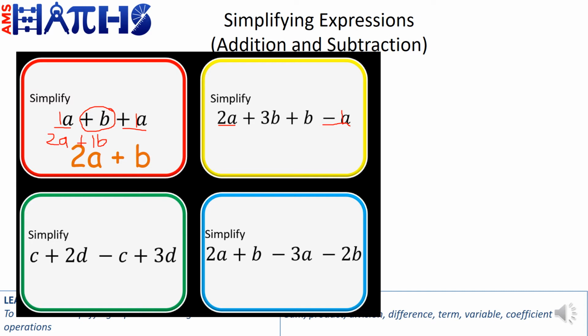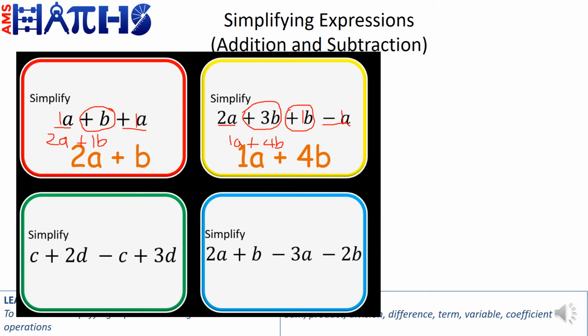So 2 minus 1 gives me 1a. Then we have the b's. So we have a positive 3b plus 3b. We need to add 1b to that. So we end up with 4 b's. So our answer is 1a plus 4b, or instead of saying 1a, we can just say a plus 4b.